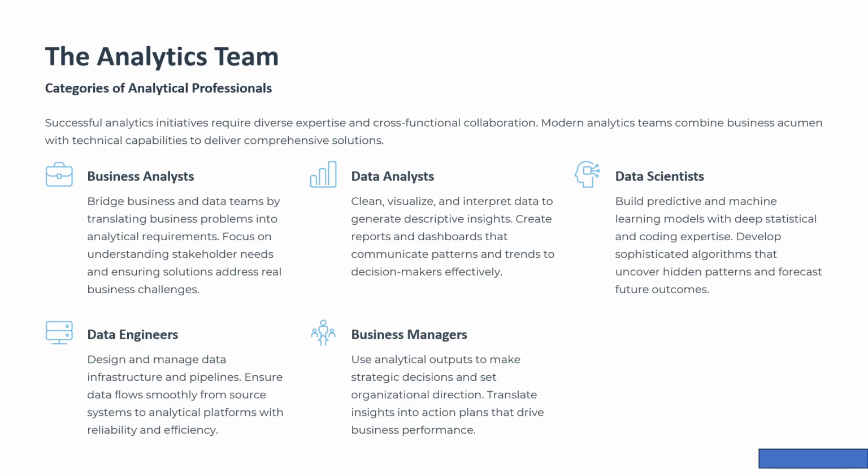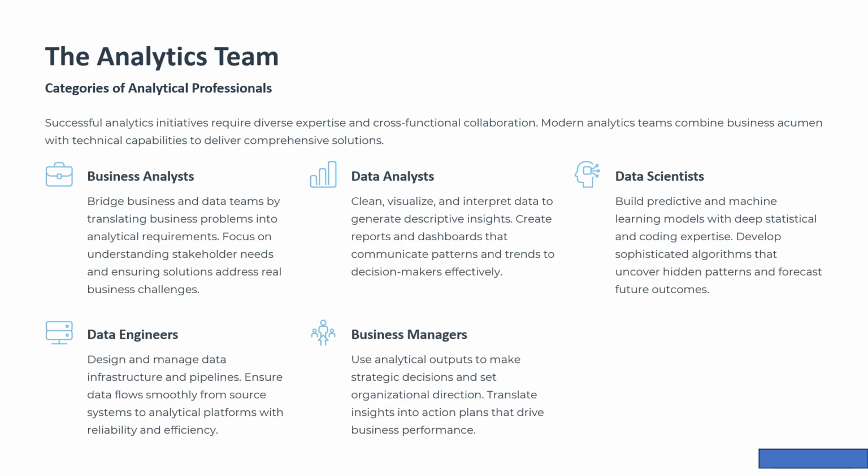Third, we have the data scientist role. They do deeper modeling. They use statistics and programming to build predictive and machine learning models. They discover hidden patterns from the data and forecast outcomes for the future. Next, business managers.